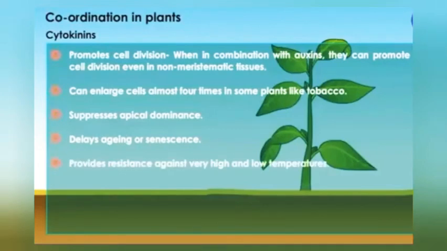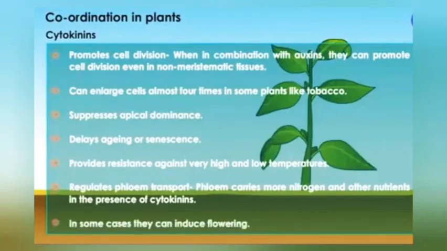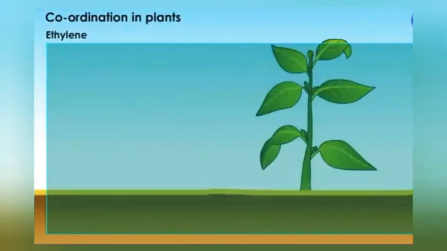Provides resistance against very high and low temperatures. Regulates phloem transport. Phloem carries more nitrogen and other nutrients in the presence of cytokinins. In some cases, they can induce flowering.